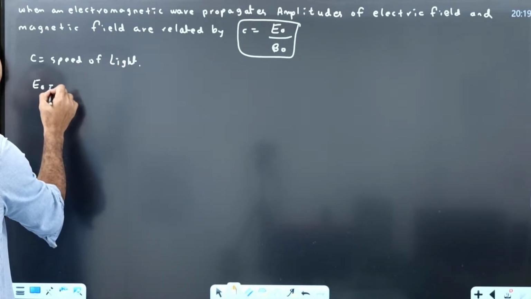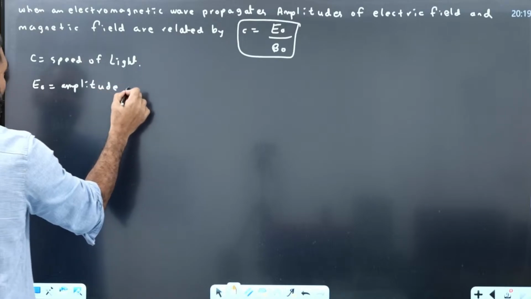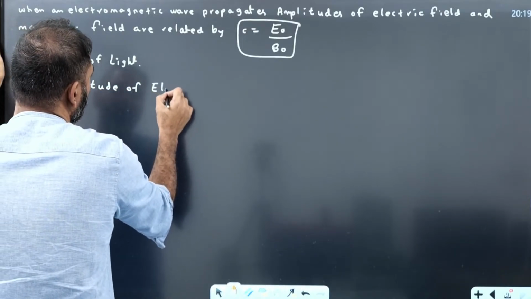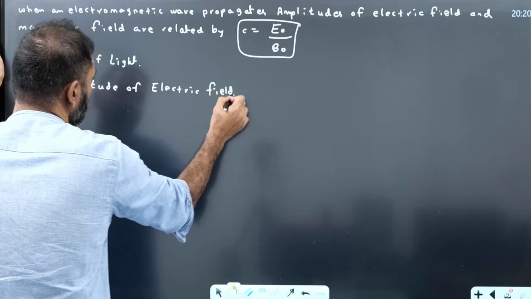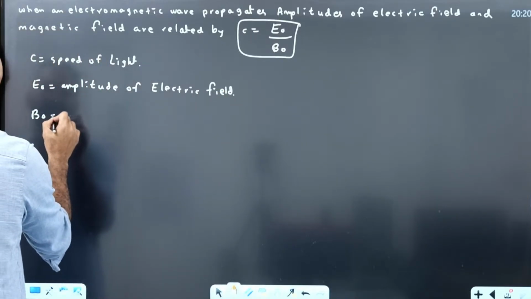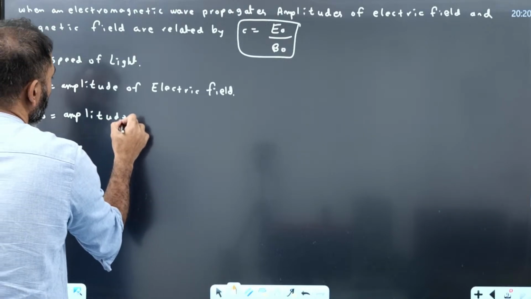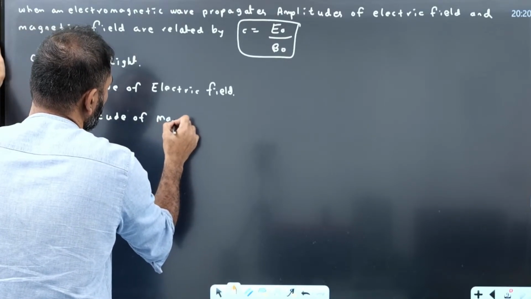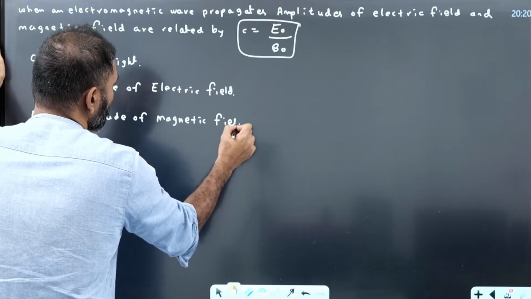E0 is the amplitude of electric field. B0 is the amplitude of magnetic field.